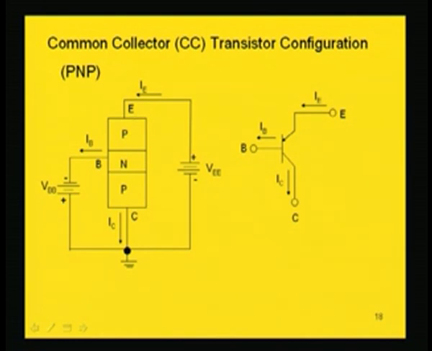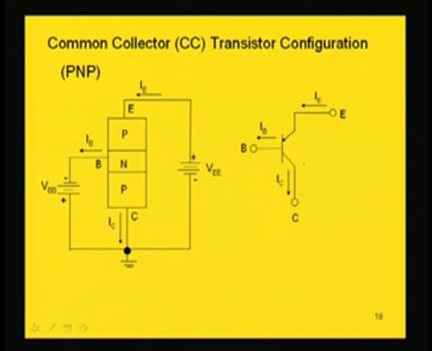So, this is your P, this is N. So, this is connected to positive terminal, here base is connected to negative terminal, P is at a higher potential than N. Similarly, this collector base junction will be reverse biased, collector is grounded, this is the junction between collector and base, it will be reverse biased.